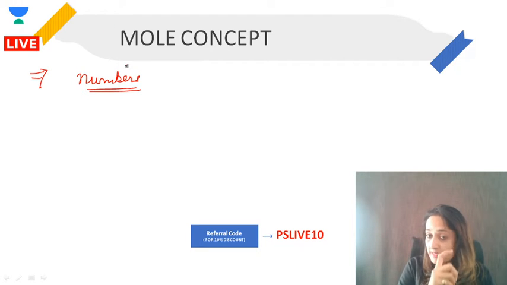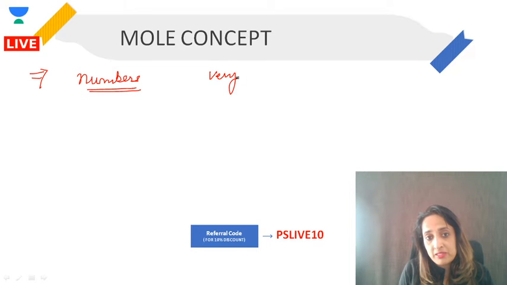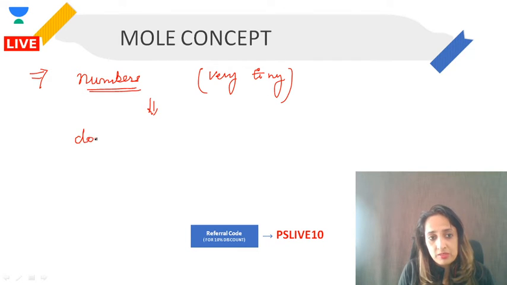But as these atoms and molecules are very tiny, we cannot count them. Now, let me take an example from our day-to-day life. If we talk about numbers, the term we use is, let's say, dozen.